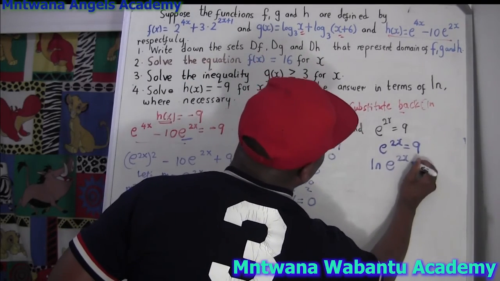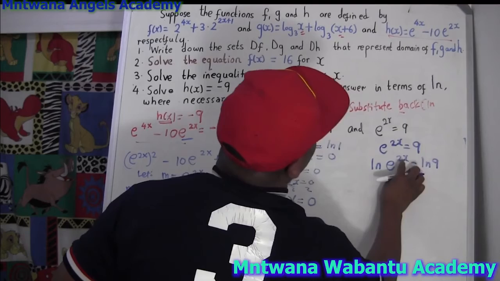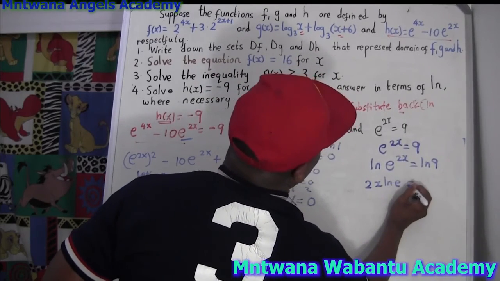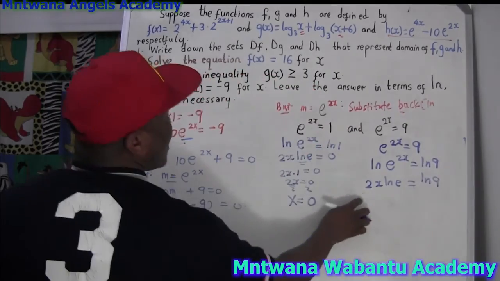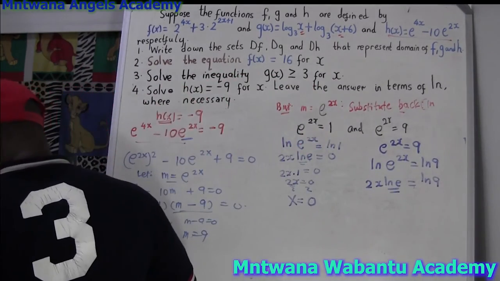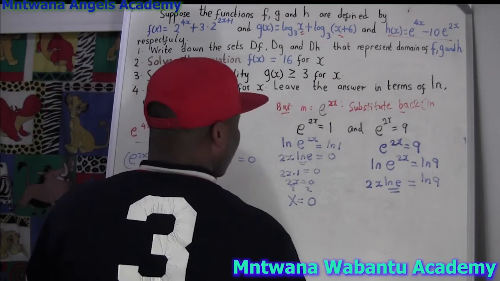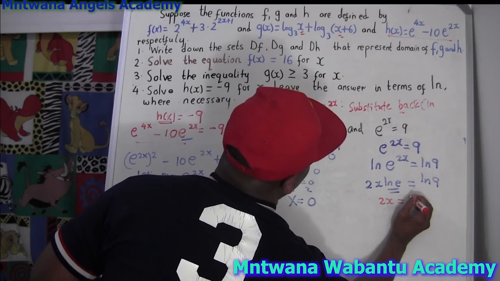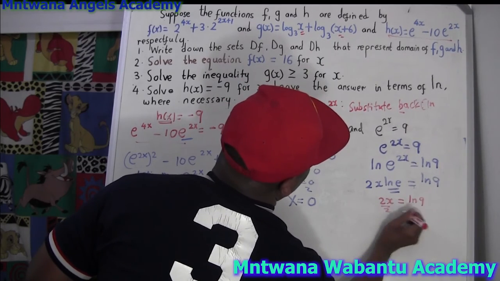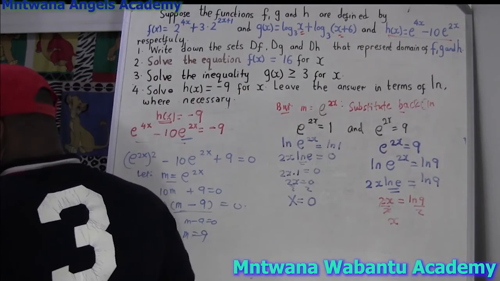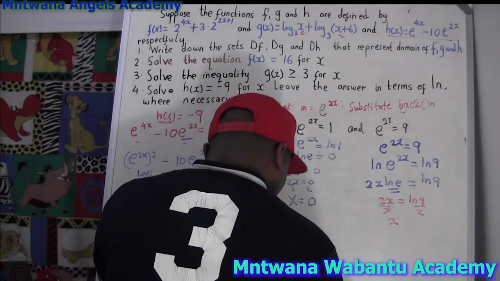Ln of e^(2x) and here ln of 9. 2x comes to the front, 2x ln of e equals ln of 9. Ln of e equal to 1. So it's going to be 2x equal to ln of 9, over 2 and over 2.